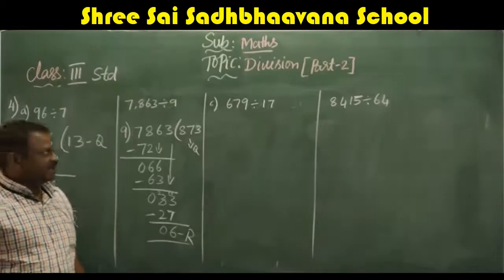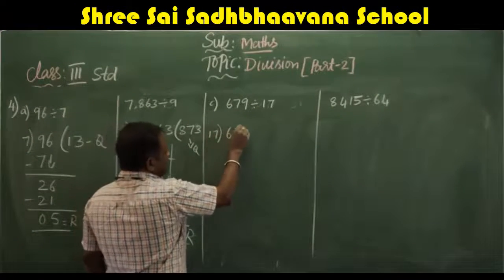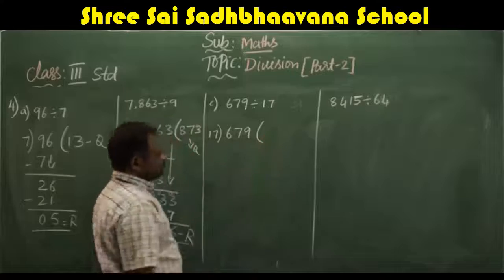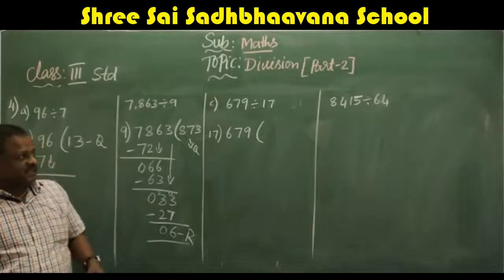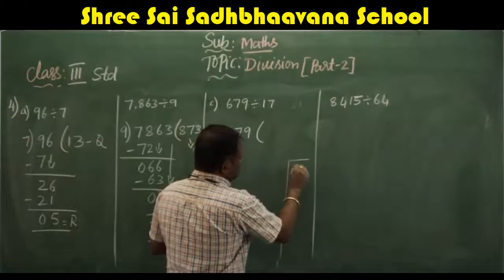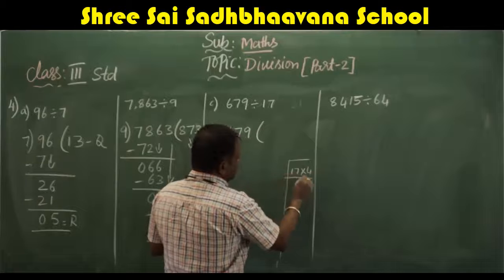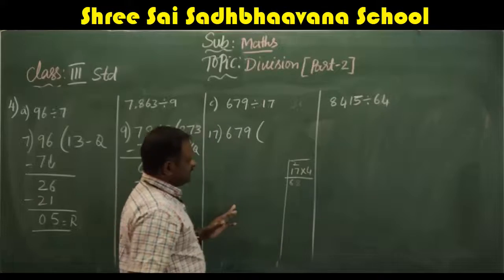6 is the remainder. Now you come to here, divide by 17, 679. Yes, 17 ones are 17, 17 fours are... we will see here 17 into 4. 4 ones are 4 plus 2 is 6. It won't cancel.